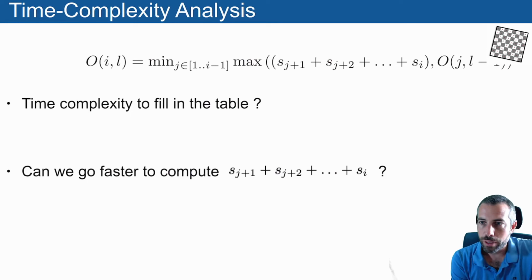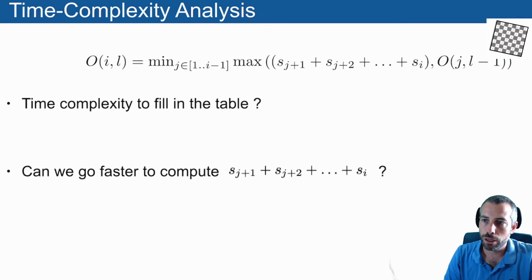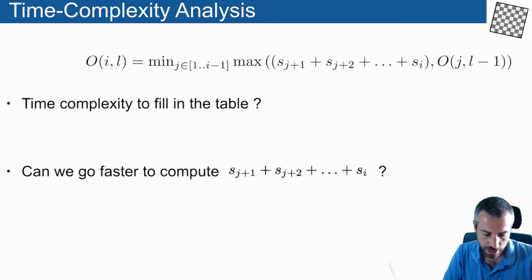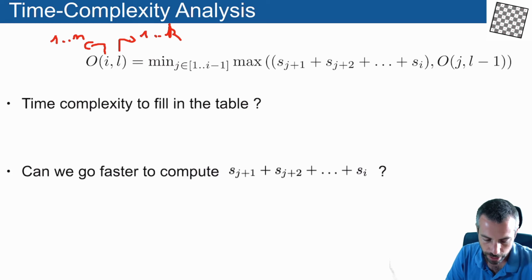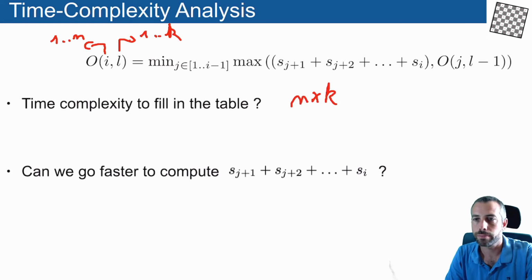What is the time complexity for computing this? The time complexity for computing this is, of course, at least the size of the table, right? This parameter will range from 1 to n, and this parameter will range from 1 to k. So the time complexity will at least be n times k, right?